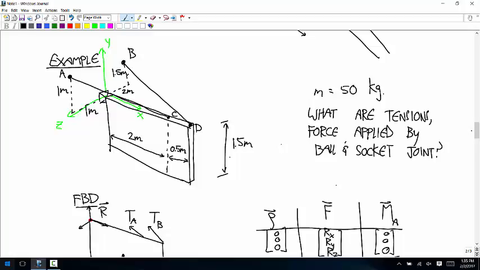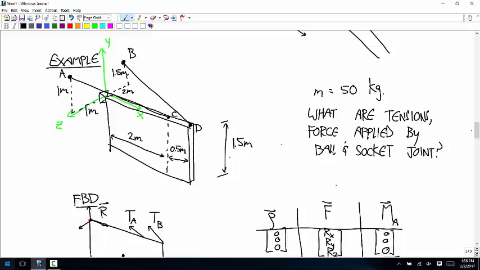You could have problems where instead of being driven by a known weight, it's driven by a downward force F. That's like a parameter, and you can think of that F as really being a number that's part of the problem.